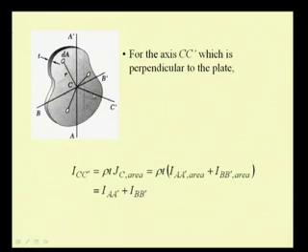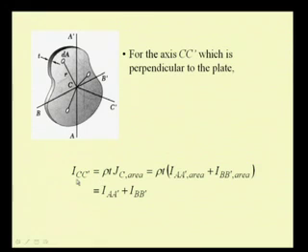Let us say we are interested to find the second moment of the mass with respect to this axis C prime. We have these various area elements in this thin plate situated at these distances r. Again we can write the element dm as rho times T times the area element dA.